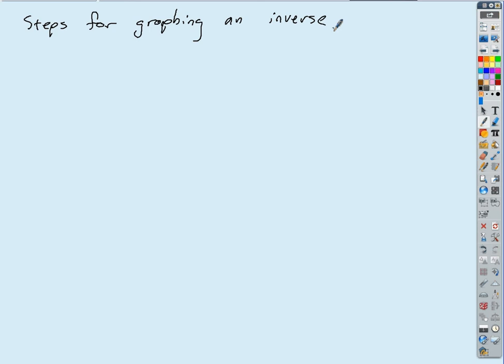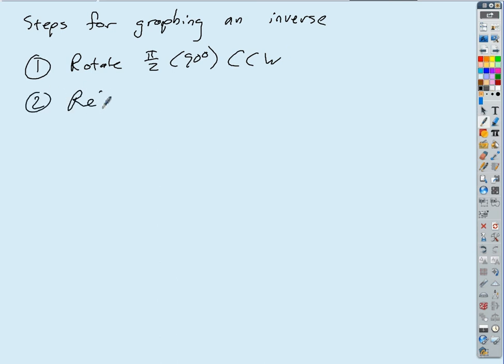There's two steps you can do that are kind of cool. First step is you can rotate pi halves, or however you prefer to think about it, 90 degrees counterclockwise, so positive direction. And then you reflect over the y-axis, and that always works.